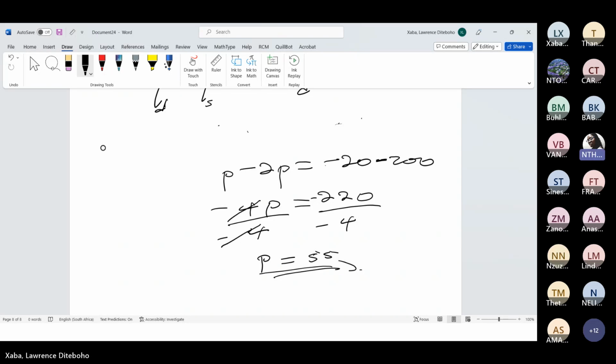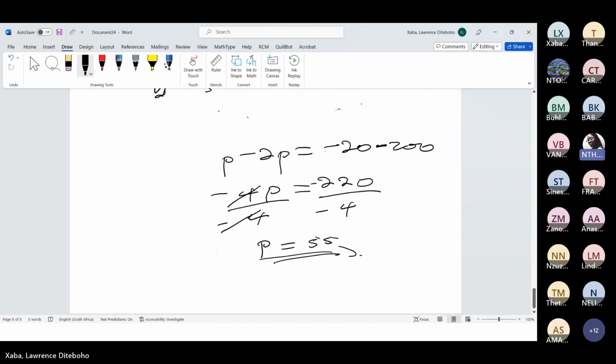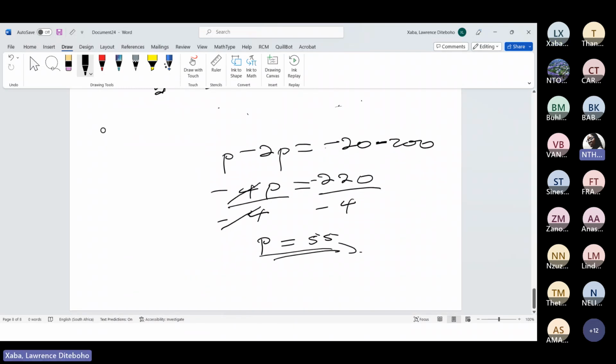Looking at the example, I think the first attempt that you rubbed off and said we should not transform, I think it is to be transformed to be equated to Q, the quantity demanded.